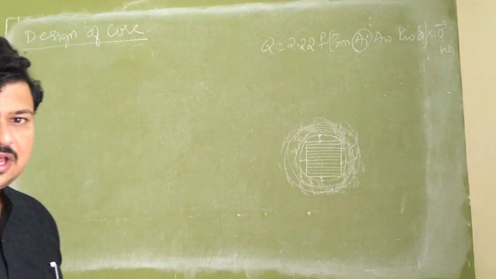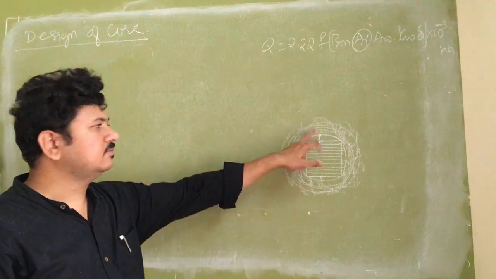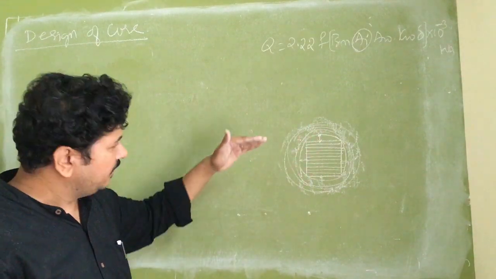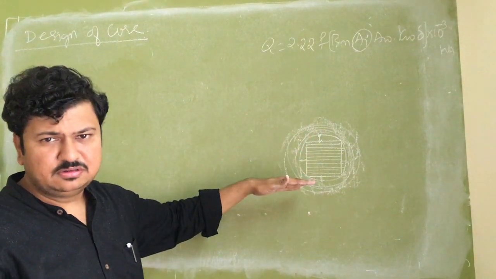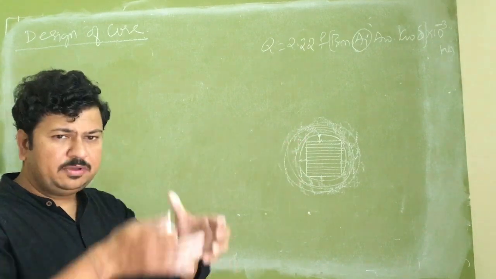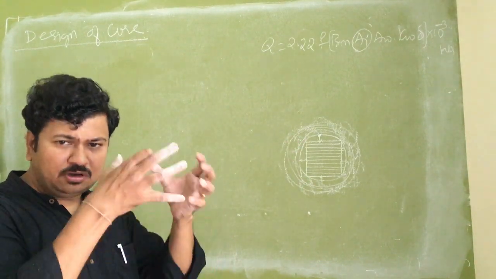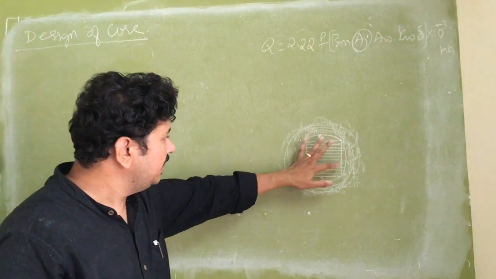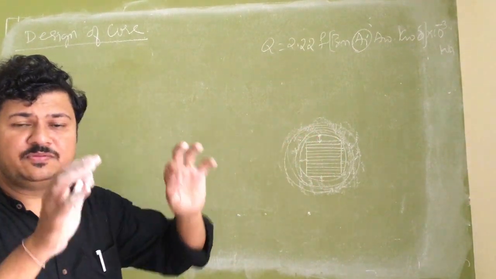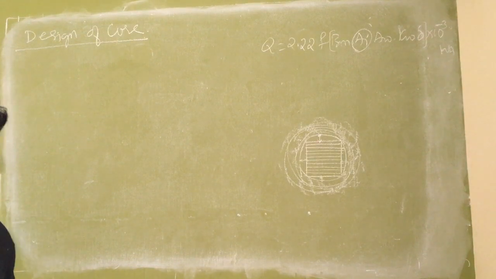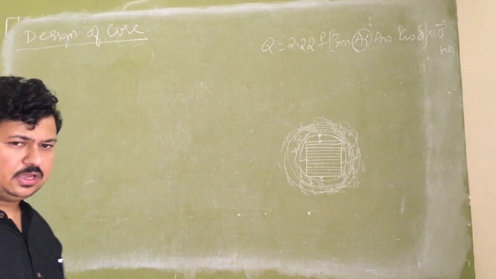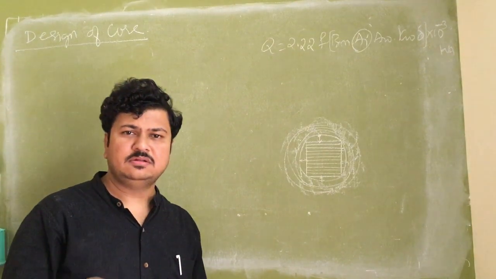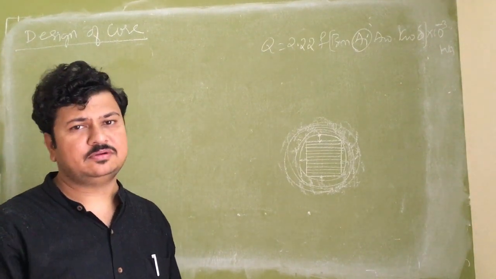So I should always attempt to cover this circumcircle by the core section. With this, the ideal core section is circular, a solid cylinder made up of laminations, where the complete area of the circumcircle is filled with the core and no gap is obtained. But it is very difficult to get a circular section core.